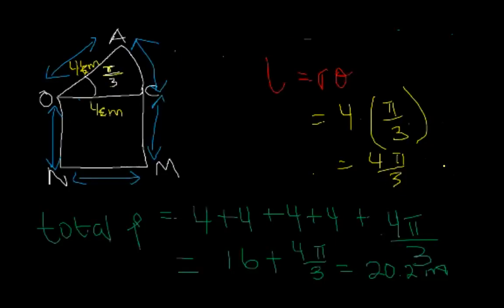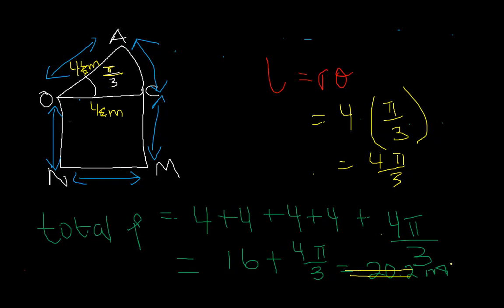If the question didn't specifically say leave your answers in terms of pi, then the 4.19 would have been okay, right? But they did say that they want it in terms of pi, so you have to do it. So instead of writing 20.2 as my answer, they want me to leave it in terms of pi. So I could leave it as 16 plus 4 pi on 3 meters.